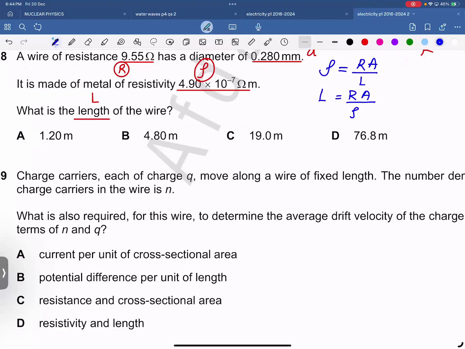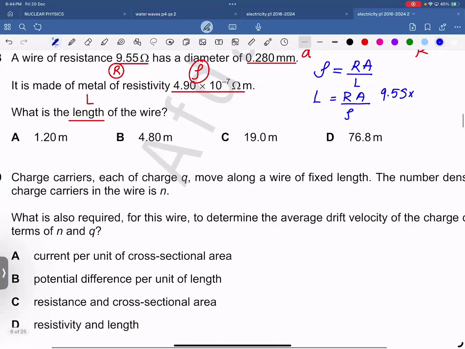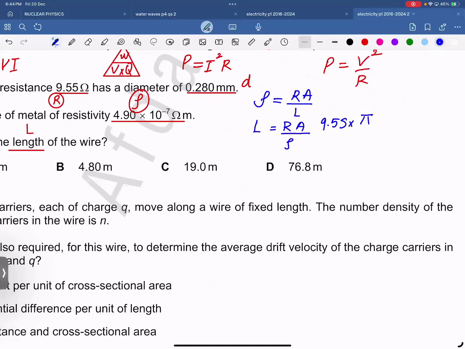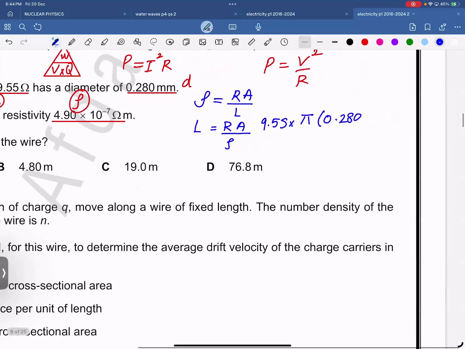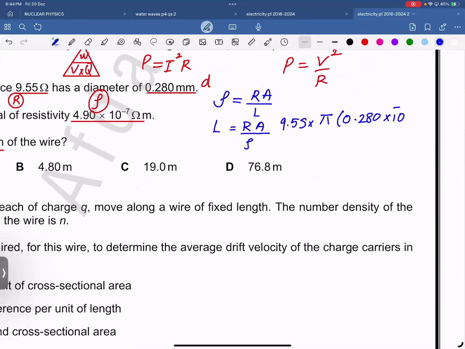Put the values. R is 9.55. A we already know, my dear, pi d square over 4. d is 0.280 millimeter, meaning 10 power minus 3. Pi d square over 4, divided by resistivity 4.90, 10 power minus 7.